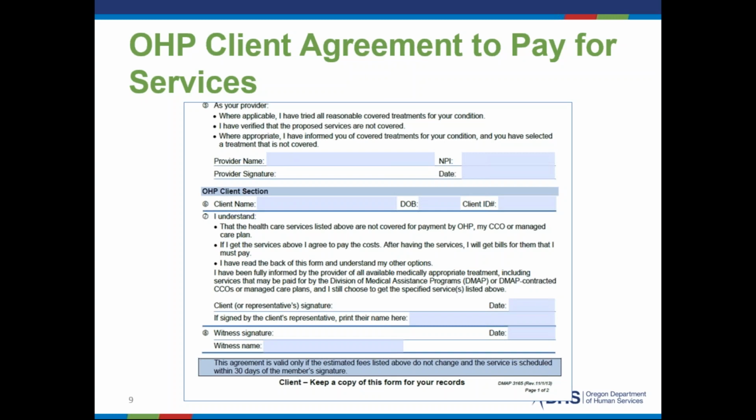The client then is going to complete their name, date of birth, and client ID. This is also called the prime number or member ID. And that they understand what they're agreeing to, which is ultimately being responsible to pay for the services that they are receiving. They'd want to sign and date, and then usually the witness is going to be an office personnel individual.